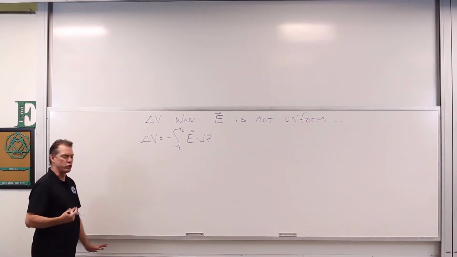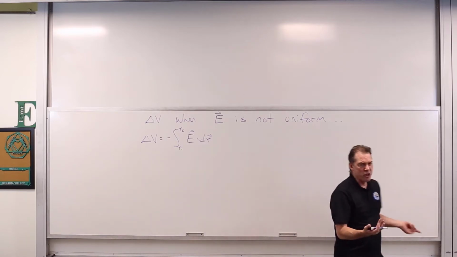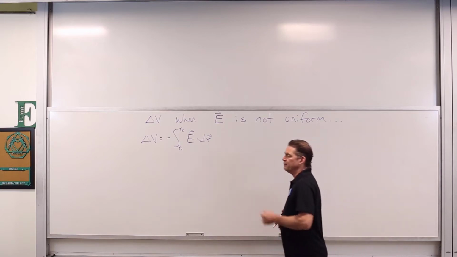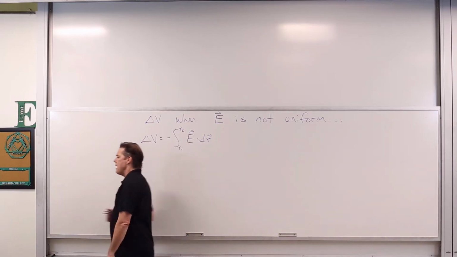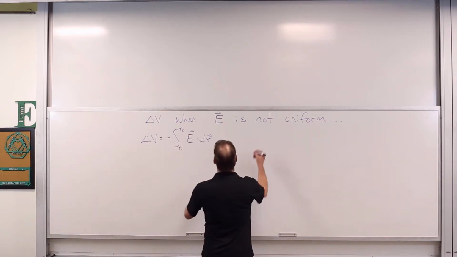We're not going to look at super complex cases. We're going to look at a few specific cases of general interest, and one of them is, what is the potential difference between two locations in the presence of a singular point charge? So this is in general here.